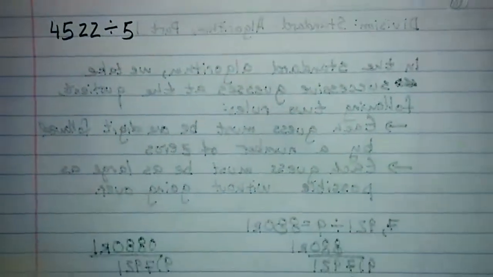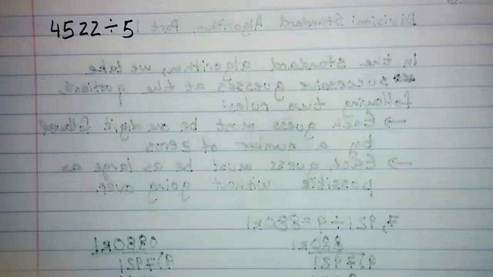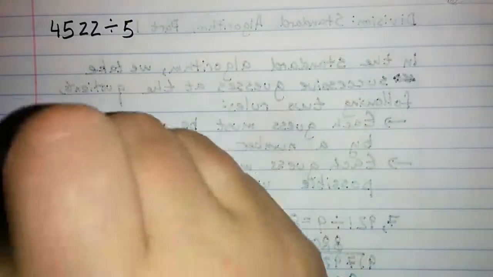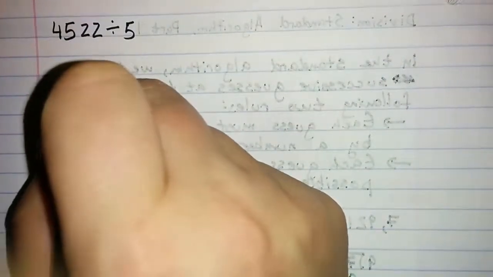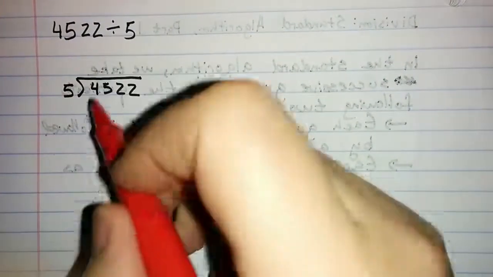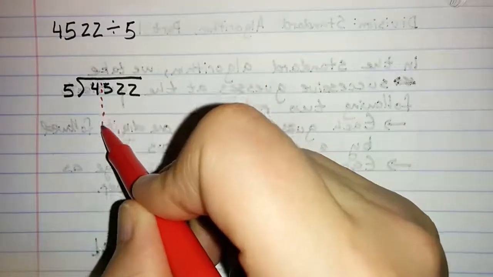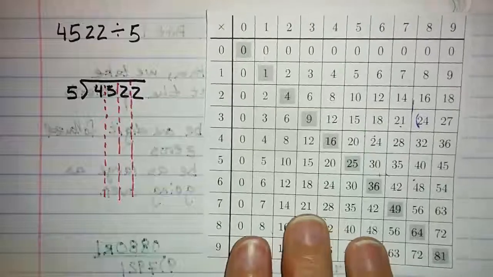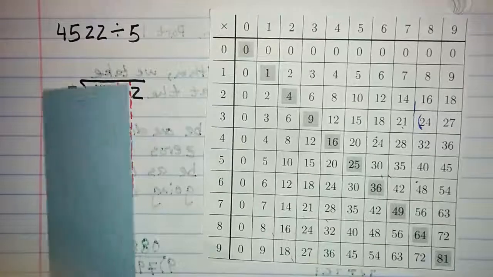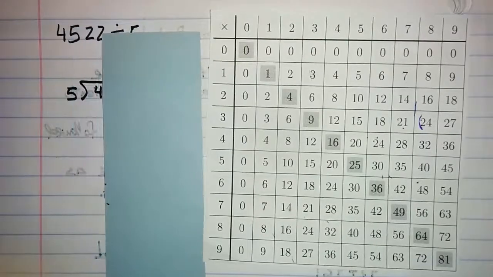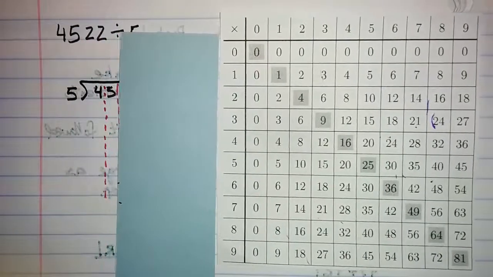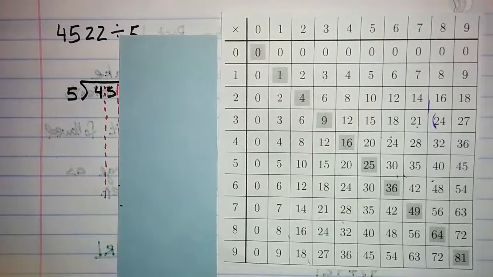Let's try 4,522 divided by 5. I'll write a division bracket and fill in some columns so I can keep track of my place values. Here's my multiplication table. I cover up the columns. 4 is smaller than 5. 45 is bigger than 5, though.